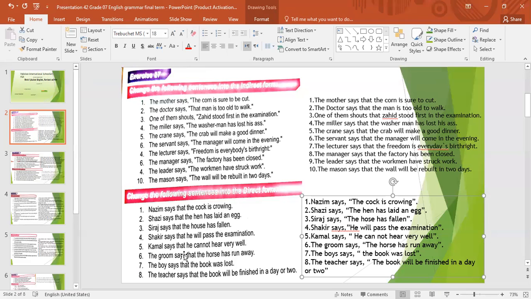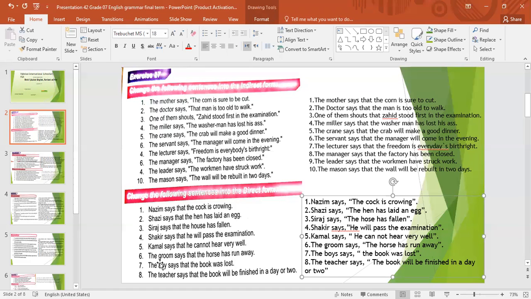Kamal says that he cannot hear very well. So just removing "that" from this sentence and putting this part into inverted commas, it will be direct speech: Kamal says, "He cannot hear very well."